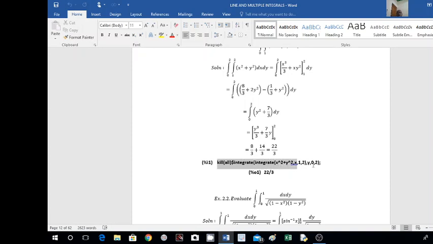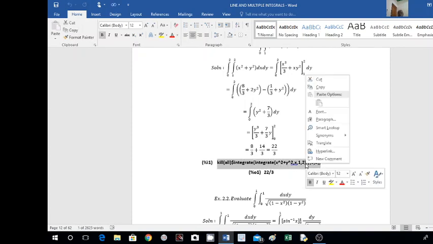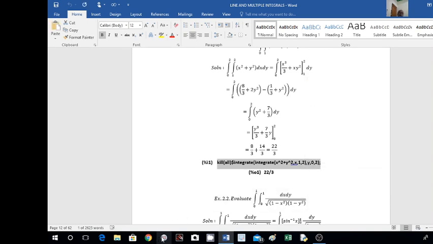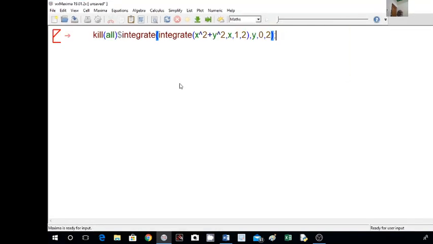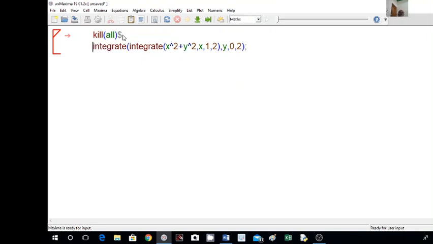Okay. I will copy this and try in Maxima. Open Maxima here. Maxima is open. Now here I will paste, Control V. Okay, I will make this bigger. And if you want, you can write it in the second line.